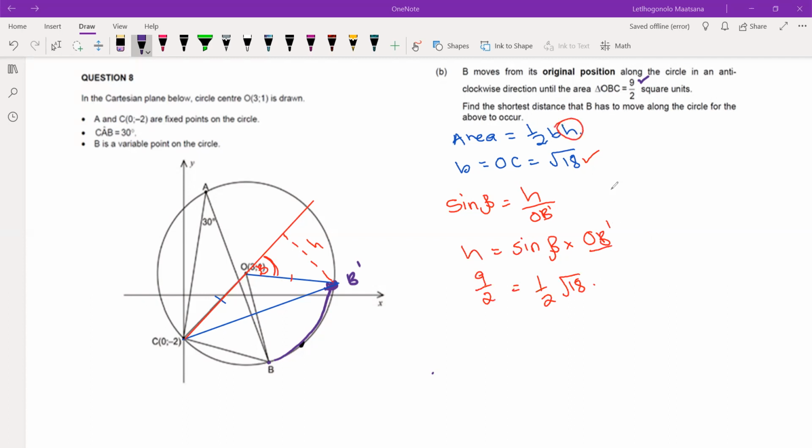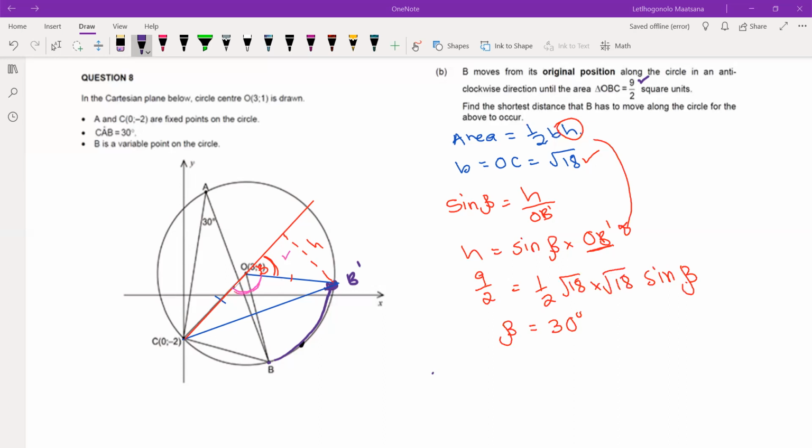So in terms of our perpendicular height, we'll substitute in that. So our OB prime is still the square root of 18 because it is still our radius, and sine of beta. So we can then calculate our beta to be 30 degrees. But you will note that the beta is outside of our angle.